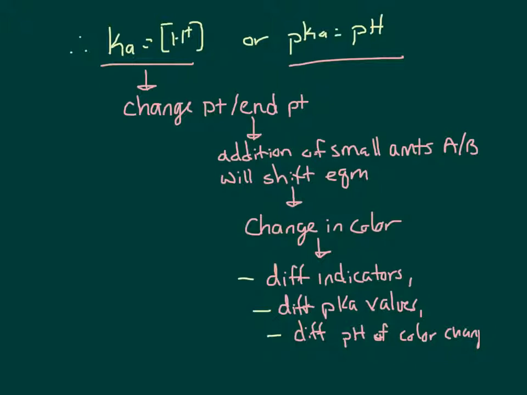So once you know what kind of acid-base reaction you are working with, strong acid, strong base, weak acid, strong base, whatever that combination is, you need to pick the appropriate indicator to show that the neutralization reaction has occurred.